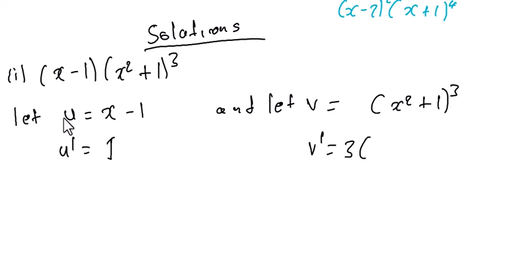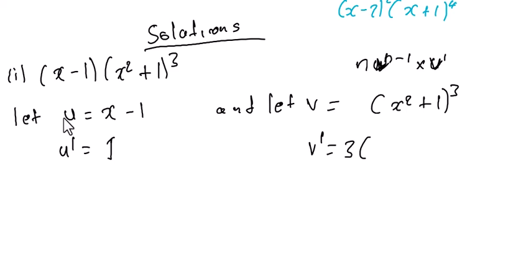Then we write our equation. What we're doing is n times u to the n minus 1, multiplied by u prime. Where there is u, we can just replace with v, so there is v prime.